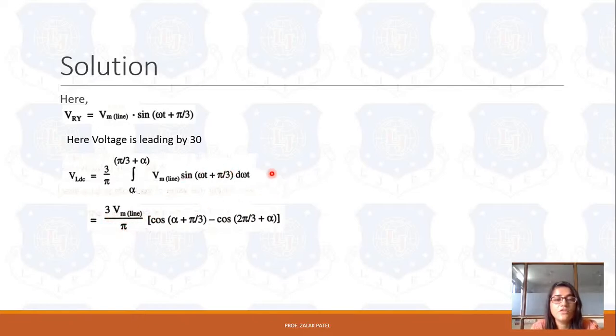Now this sin omega t plus pi by 3, it can be written as sin omega t plus pi by 3 plus c minus c equation can be applicable for this. So it can be written like cos alpha plus pi by 3 minus cos 2 pi by 3 plus alpha.